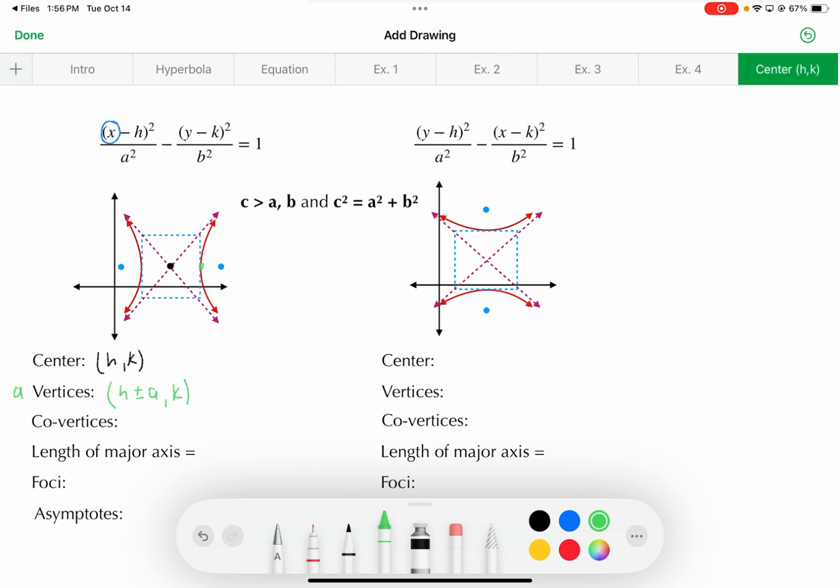That would give me these two points. The covertices come from b, which is from the second denominator. They would be above and below the center, so the coordinates for those would be (h, k plus or minus b).